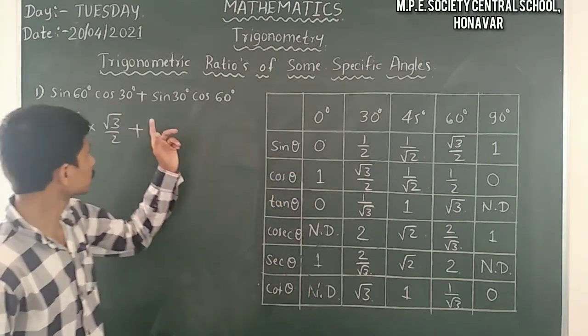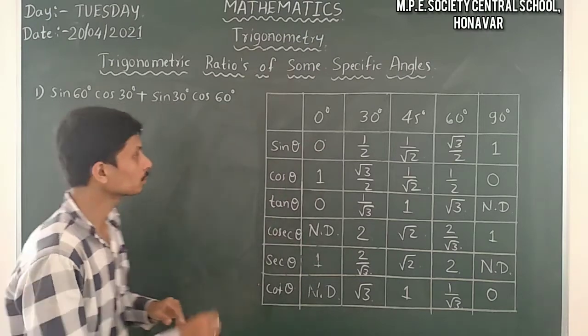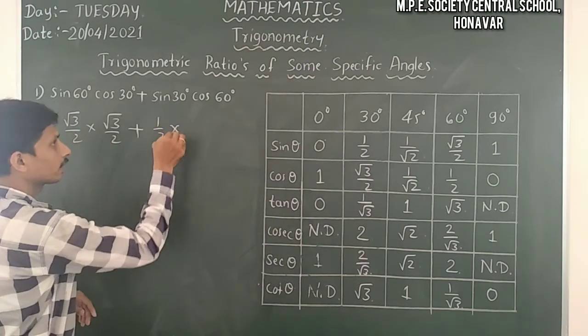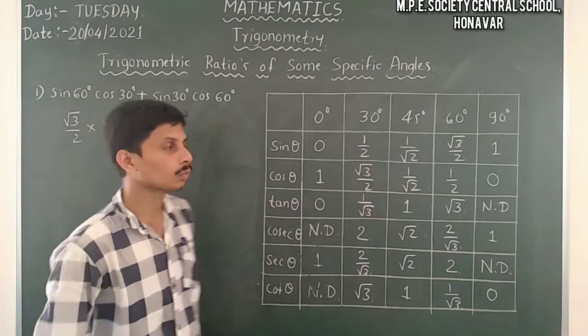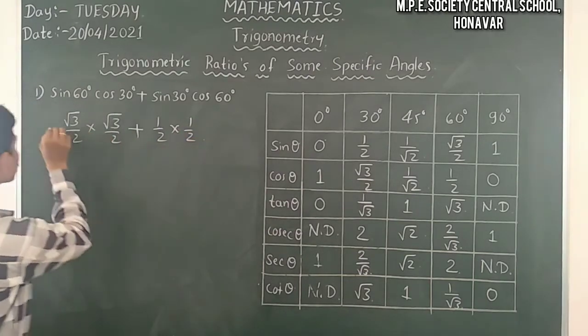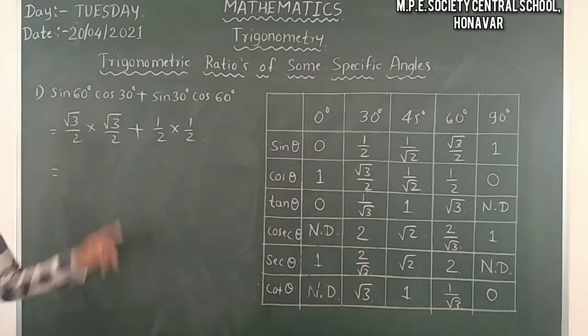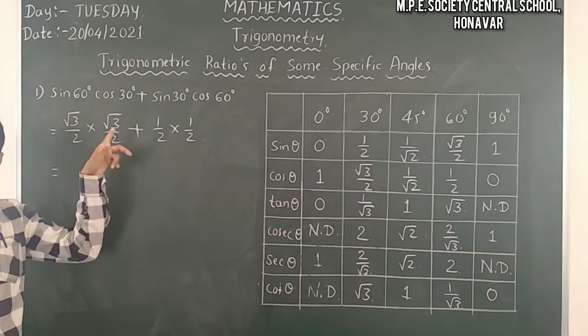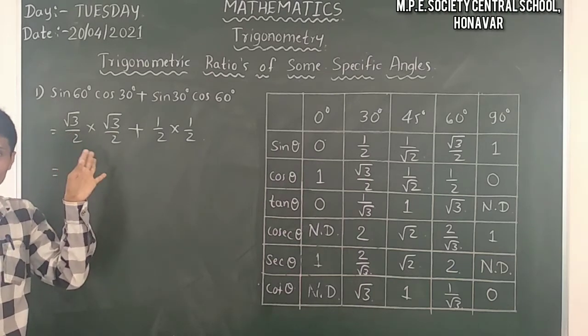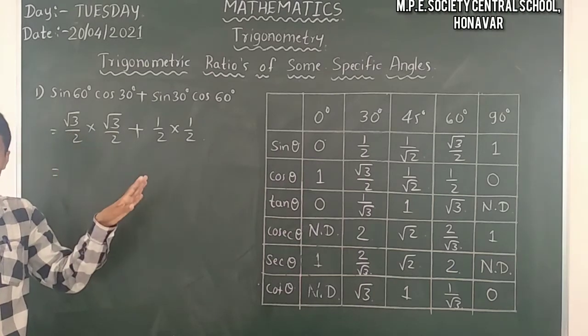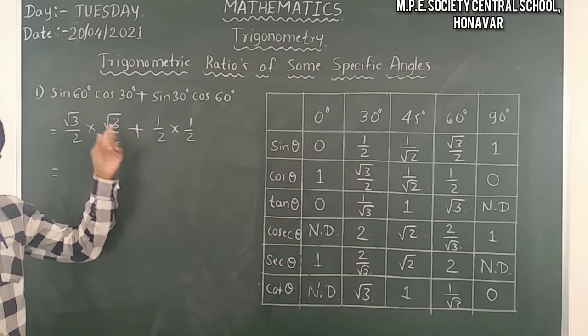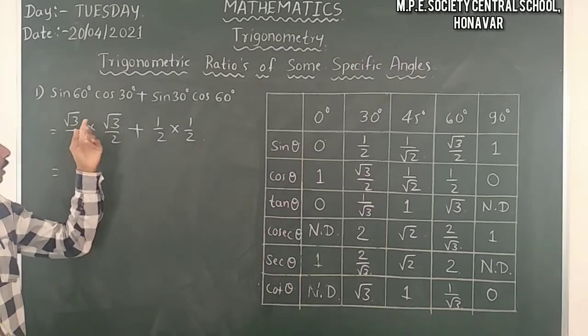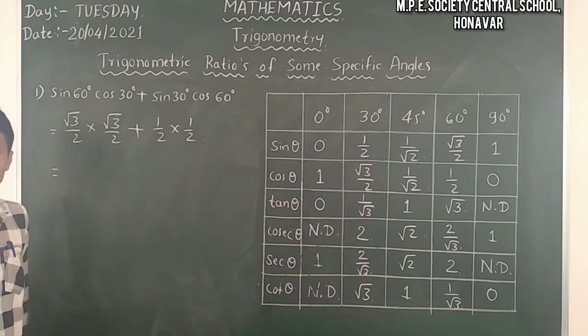The next one: sin 30 degree is 1 by 2, and cos 60 degree is also 1 by 2. Then you have to simplify: root 3 by 2 into root 3 by 2. According to the BODMAS rule, we have to multiply first, then move on to the addition. In the multiplication, you multiply numerator with numerator and denominator with denominator.